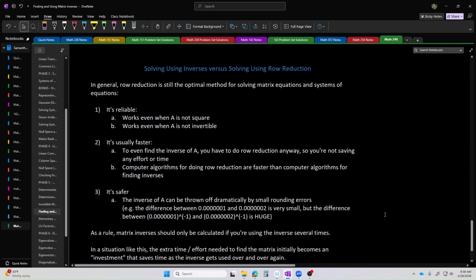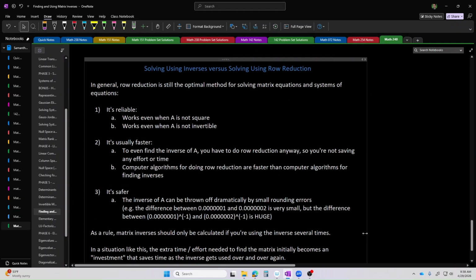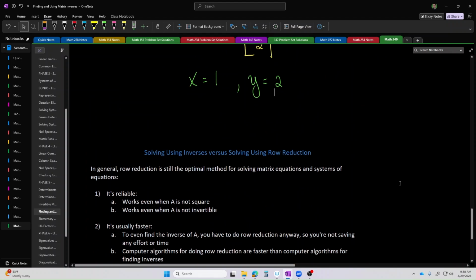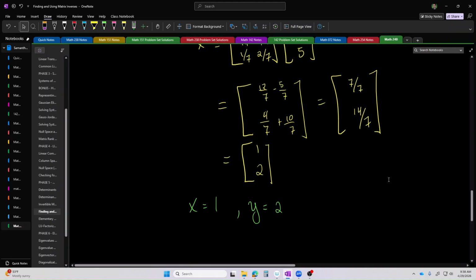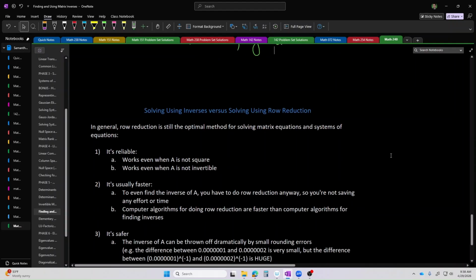Now, one of the things that I have observed working with students in this class is that students are very familiar with this process of solving equations using inverses from algebra. So when they realize that matrix equations can be solved using matrix inverses, the familiarity of that idea makes it very appealing to students, and they start to want to use inverses basically whenever they can.